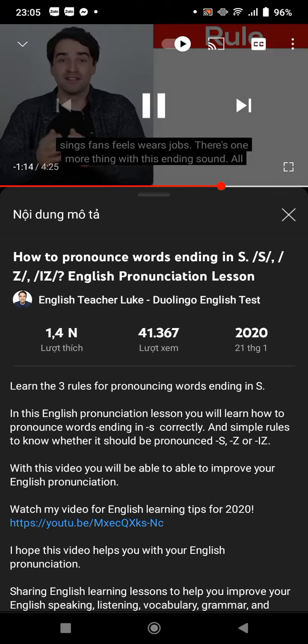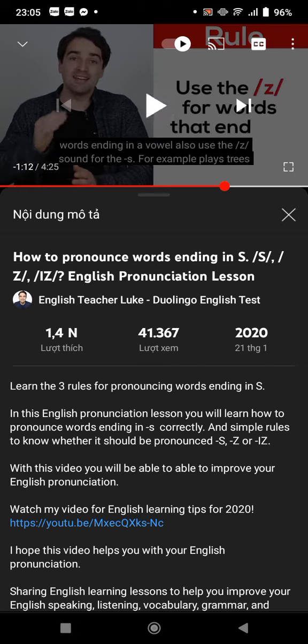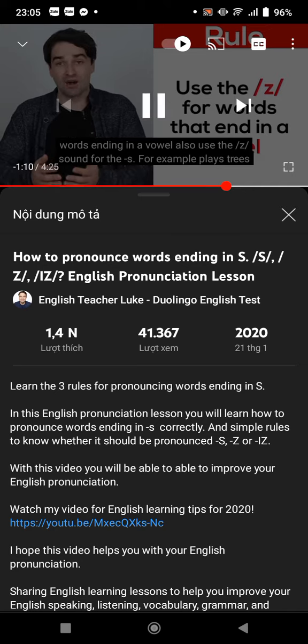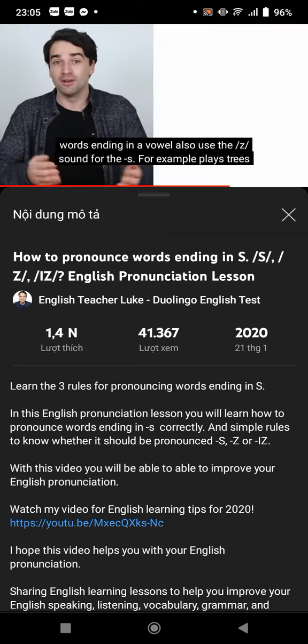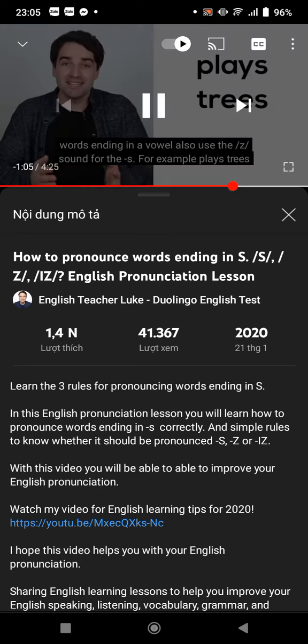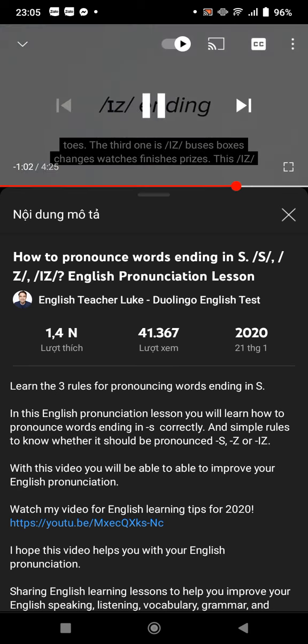There's one more thing with the Z ending sound. All words ending in a vowel also use the Z sound for the S. For example, plays, trees, toes.